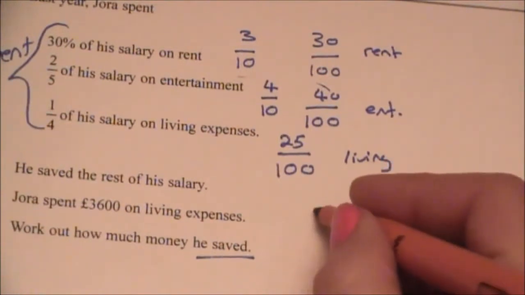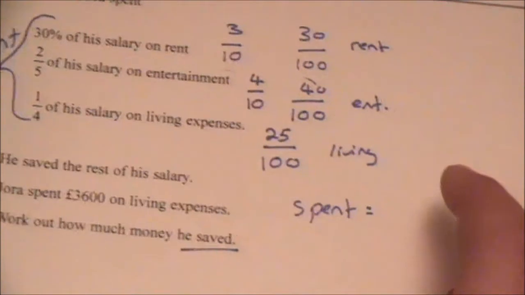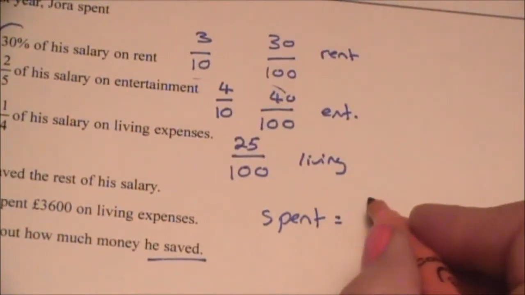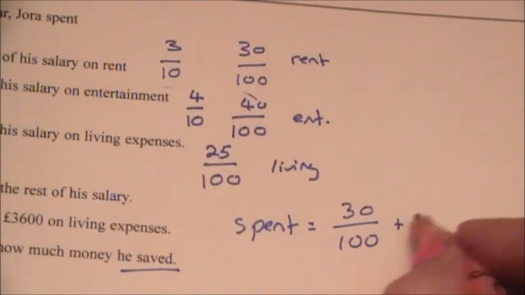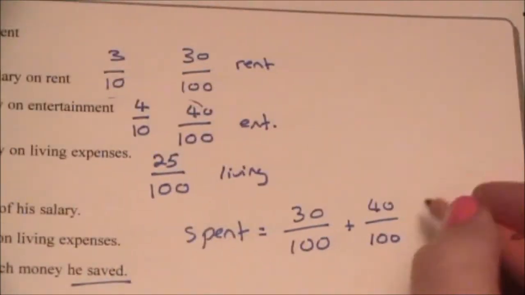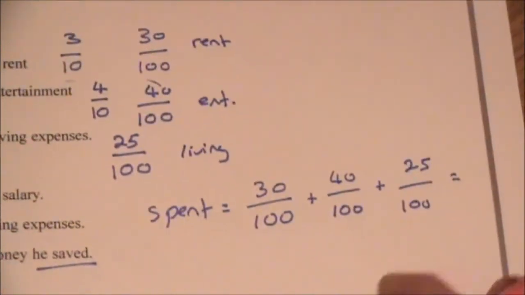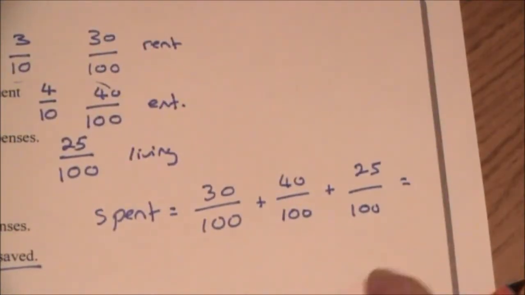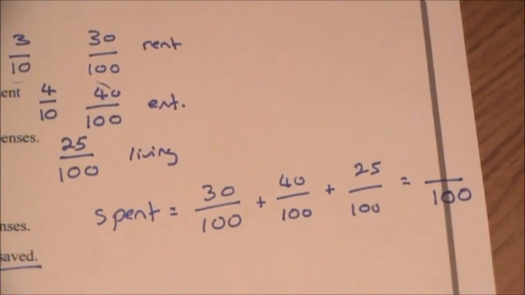So let's find out the proportion of his salary that he spent. He spent 30/100 and he spent 40/100 and he spent 25/100. Now the denominators are the same for all of these fractions, so that means the denominator in the answer is the same.